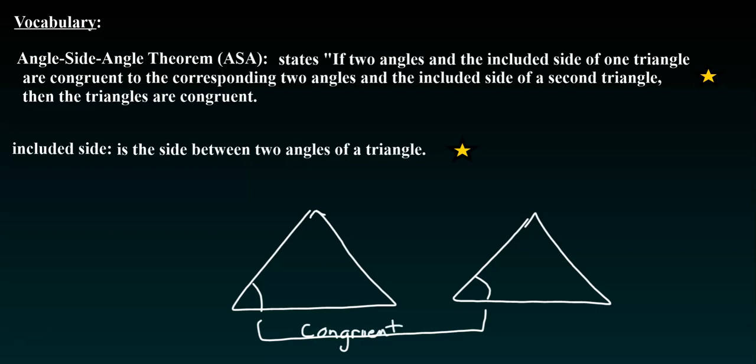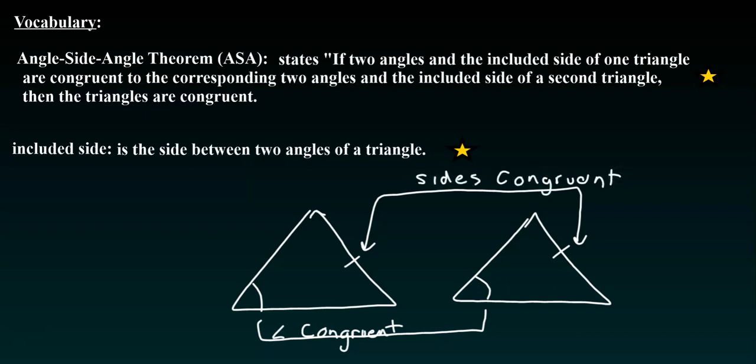If you see a single line crossing one of the lines, that implies that those sides are congruent. So these angles are congruent, these sides. And so then if you have two angles like this and a side between it, that is what we're talking about as for angle side angle.